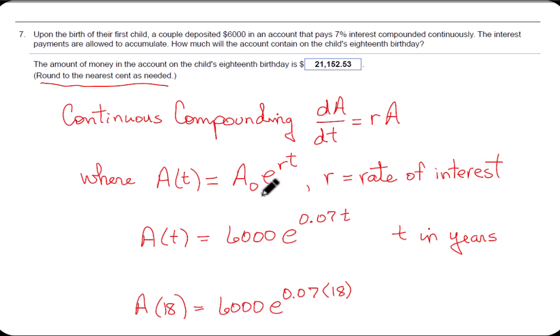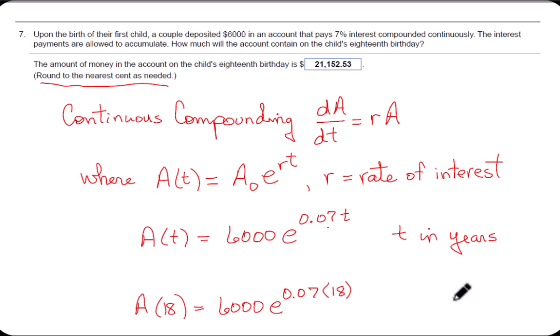So what you see here is the typical formula for the compound interest done continuously. So r is our rate of interest. t is time in years. We have 7% interest. We initially deposited $6,000. So how much money will be in there if we wait a time of 18 years?